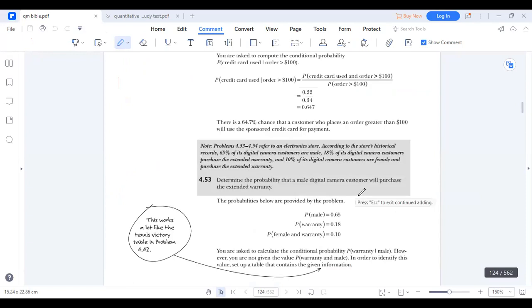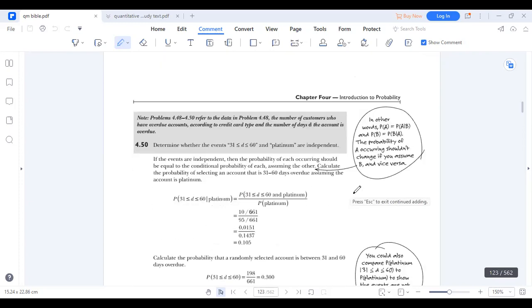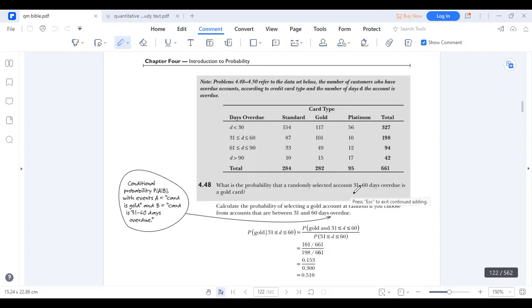If you look at this question here, we have a question that says: refer to the data set below. The number of customers who have overdue accounts according to credit card type and the number of days the account is overdue.